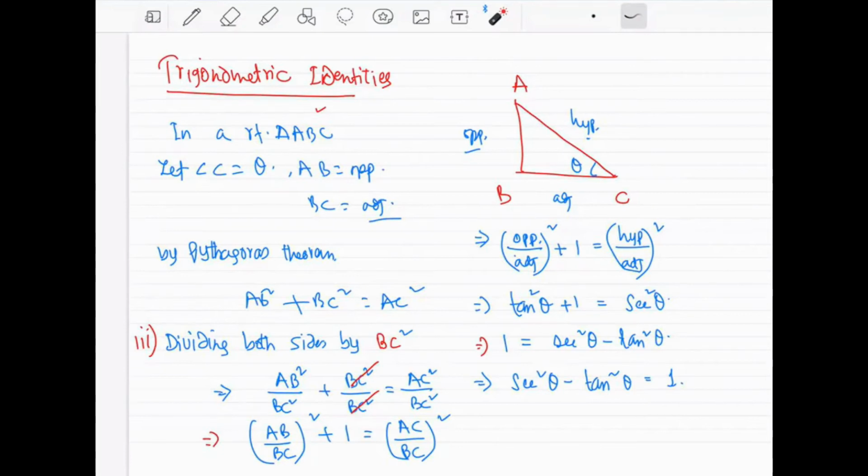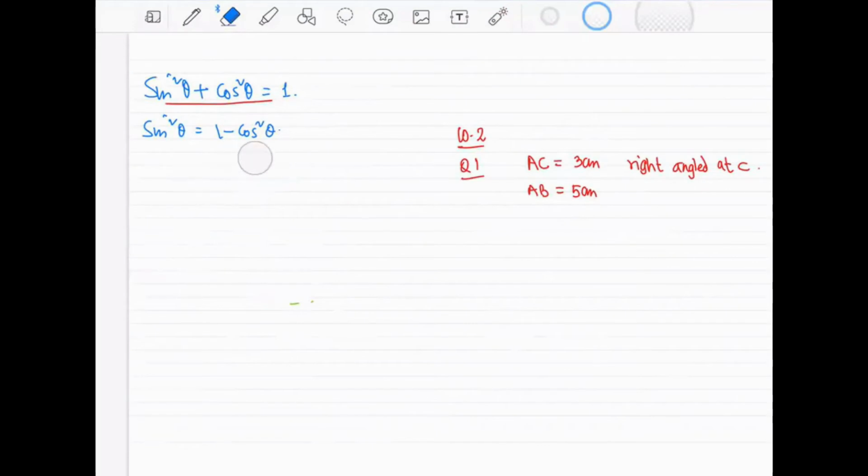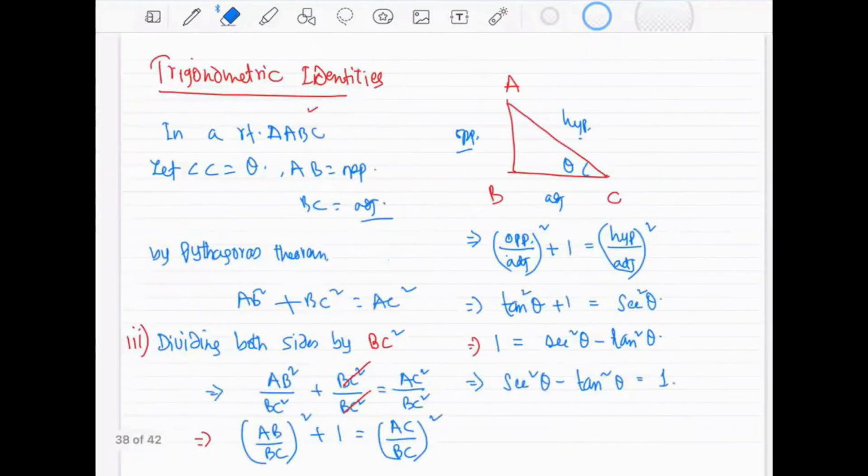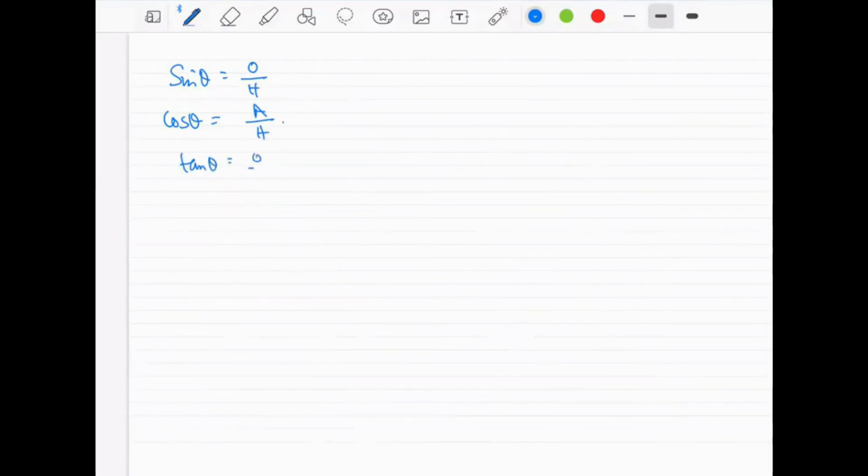Sir, done. Okay, now let me list out the formulas that I have given so far. I'm removing this. So the formulas that I have given so far: sine theta is equal to opposite by hypotenuse. I'm just writing the letters, okay? Cos theta is equal to adjacent by hypotenuse, and tan theta is opposite by adjacent.